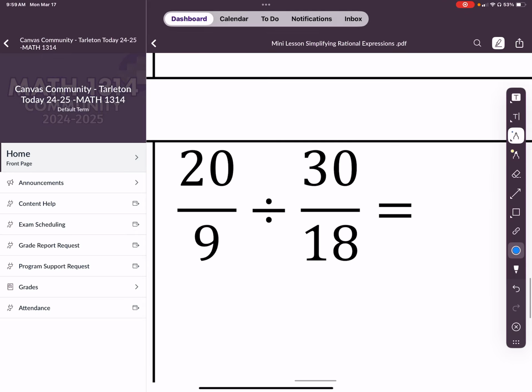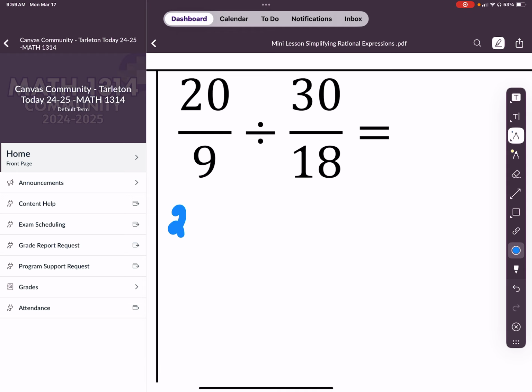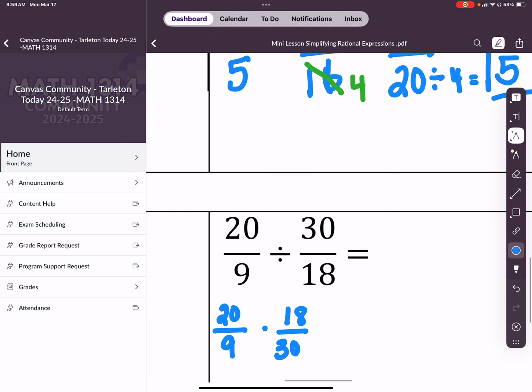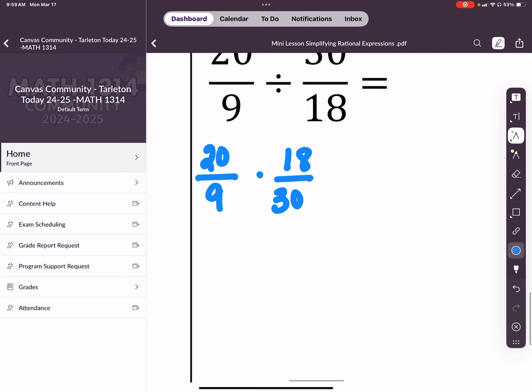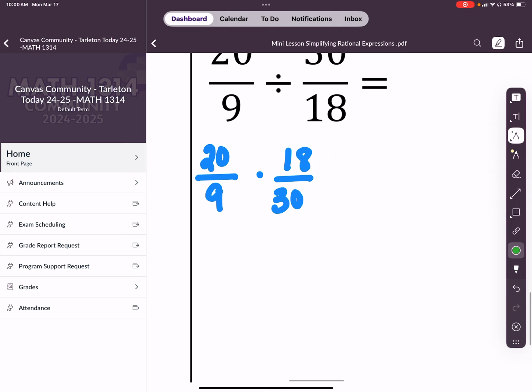Okay. Excuse me. And so now on the last one, again, we're going to do KCF. So we're going to do 20 divided by 9 times 18 over 30. Now, one thing I didn't do on the last one that I could have, but it's up to you if you do it or not, is we can cross cancel. So on this one, 20 and 30 can both be divisible by 10.